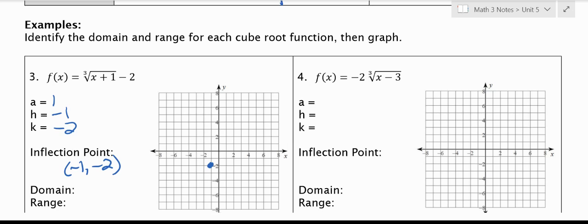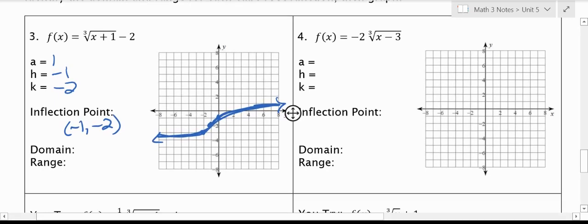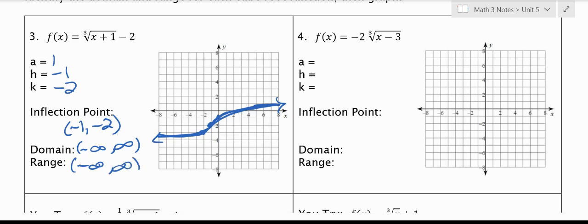Our a value is 1, so when I go over 1, I'm going to go up 1, and then I'm going to do the same in the other direction. And then just do my best to draw kind of like a little S shape, if you will. The domain and range for these is going to be all real numbers. And that would be it.